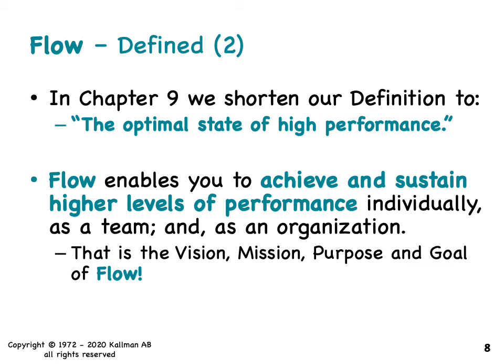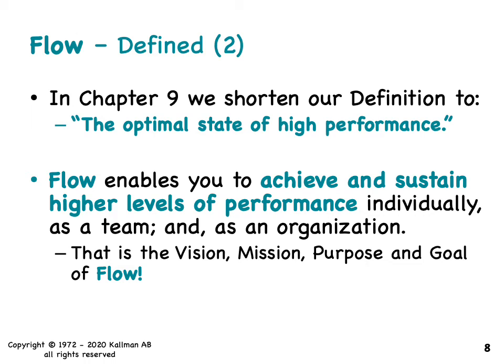By chapter 9 in my book, I shortened the definition to the optimal state of high performance. And so what happens is Flow enables you to achieve and sustain higher levels of performance individually, as a team, and as an organization.